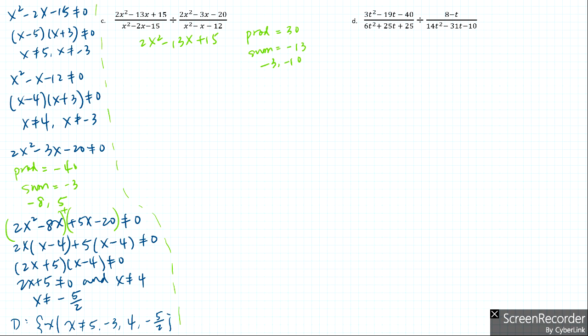So I can rewrite everything as 2x squared minus 10x minus 3x plus 15 over here. It doesn't matter whether you write negative 3x first or negative 10x first. You'll get the same result. I just like to write negative 10 first because I feel like there's more GCF to factor out. That's the only reason.